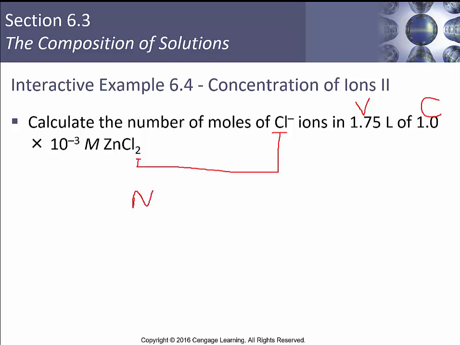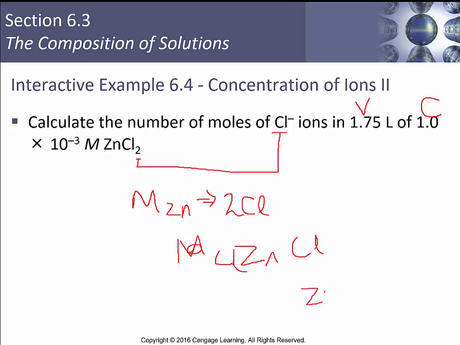When I dissolve this, I'm going to have twice as many chlorines. For every zinc chloride, it's going to dissolve into Zn2+ and 2 Cl minus ions. So watch this molecular formula so you don't get caught out by the number of things.